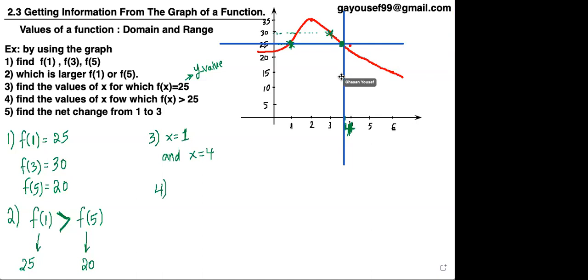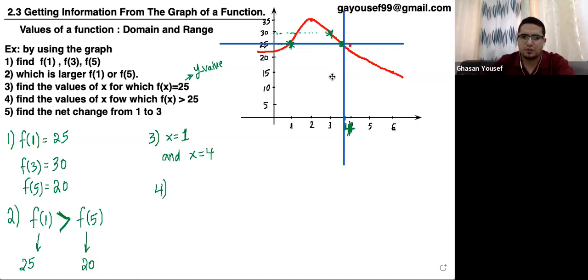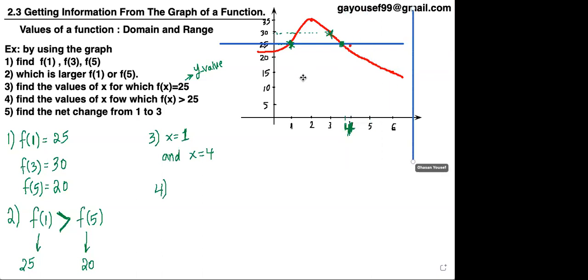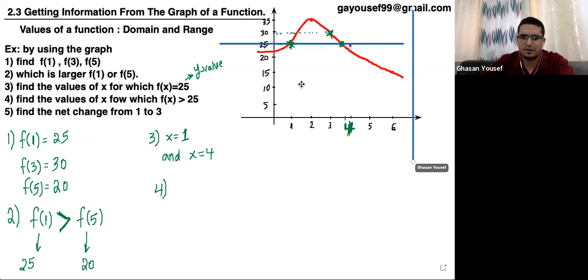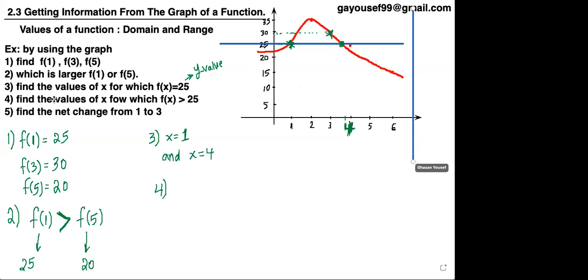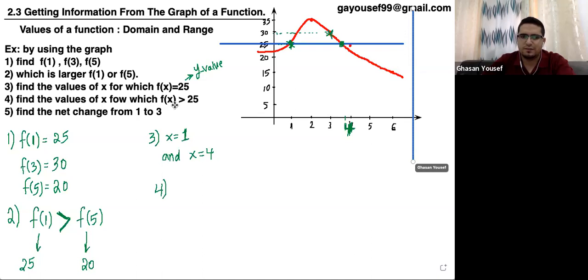Can you say one all the way to 3, all values between 1 and 3, and 4? But for 4 and 1, don't use the equal sign. Exactly, so it will be open parentheses, like I told you, for an interval. For question number 3, this is just a point, x equals.